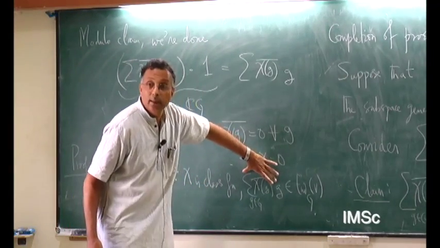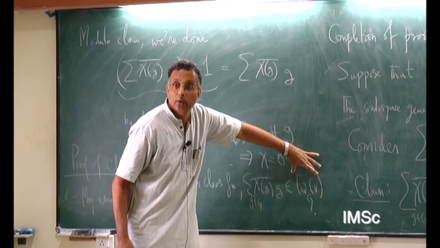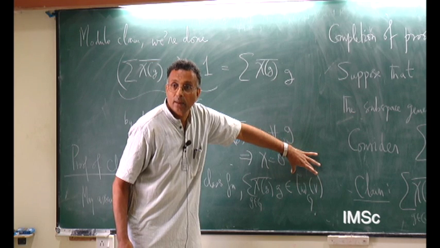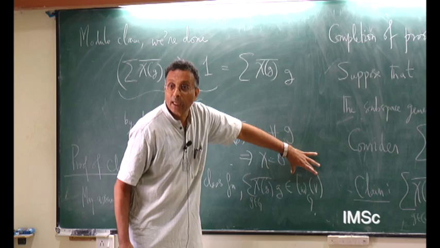Now, this is an element of End_G(V). So what does Schur tell me? This is just a scalar multiplication.